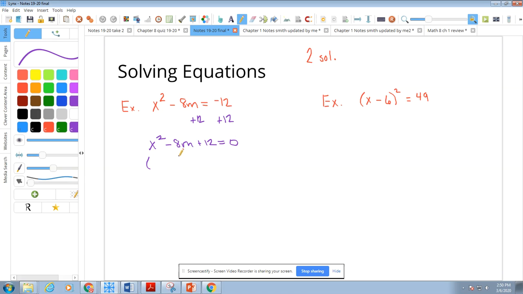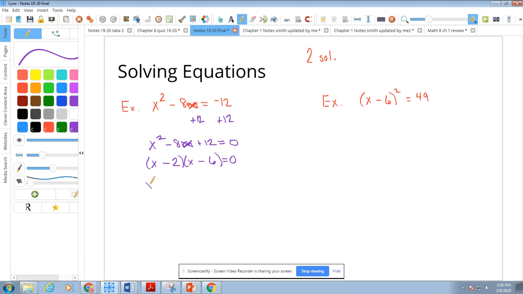Then we're going to factor. This is going to be x minus 2 times x minus 6, because negative 2 times negative 6 makes positive 12, and negative 6x and negative 2x add up to be negative 8x. Didn't realize that wasn't an x there.